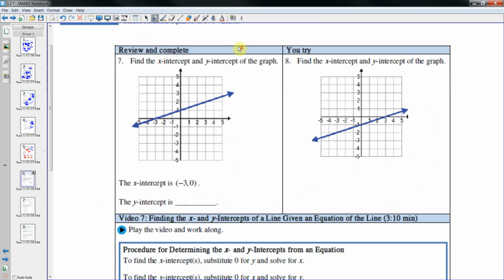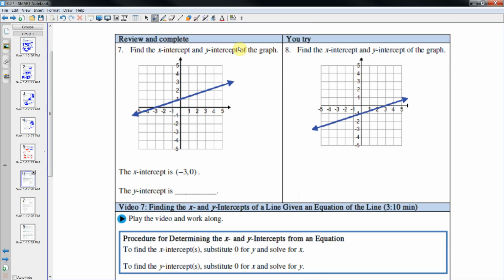Alright, so here's a picture. I'm going to give you a few seconds and see if you can write down, on the left side, let's go ahead and fill in this blank. They've got the x-intercept right there at negative 3, 0. The y-intercept then, I'm going over 0 and up 1, so that would be 0, 1. While I'm labeling, why don't you try the x-intercept and the y-intercept for this next one.